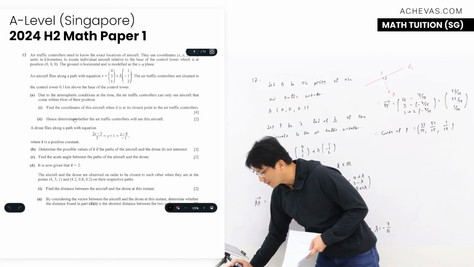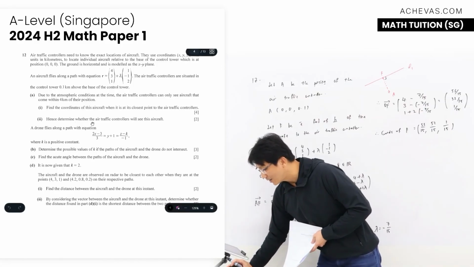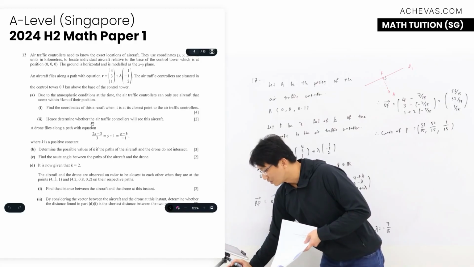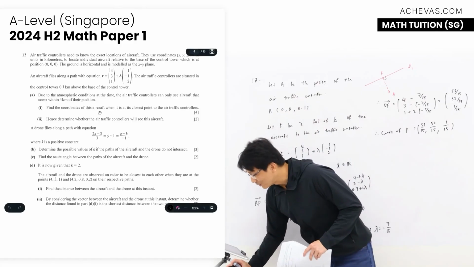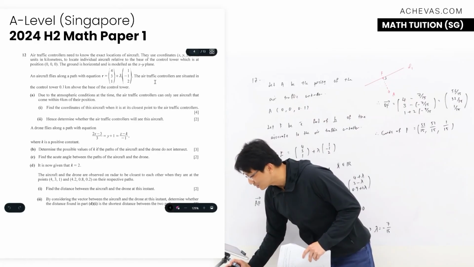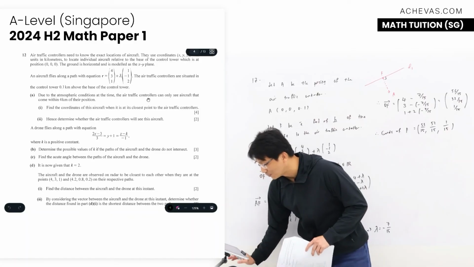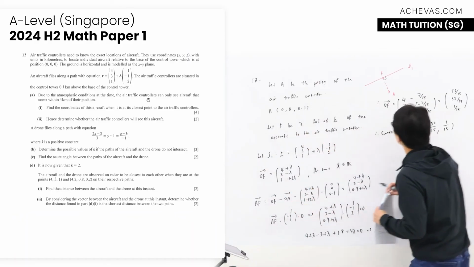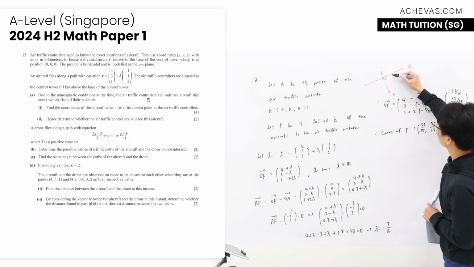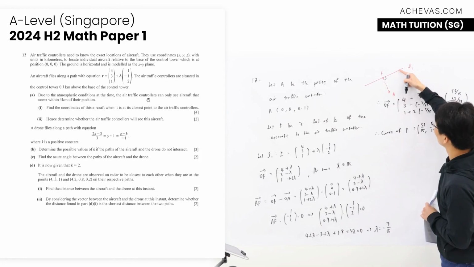After that, part 2 of the question says, hence determine whether the traffic controller will be able to see the aircraft or not. Previously we mentioned that due to the poor condition, the air traffic controller can only see the aircraft if it comes within 4 kilometers away. Imagine this is the controller, this is the aircraft, and the aircraft moves along here.